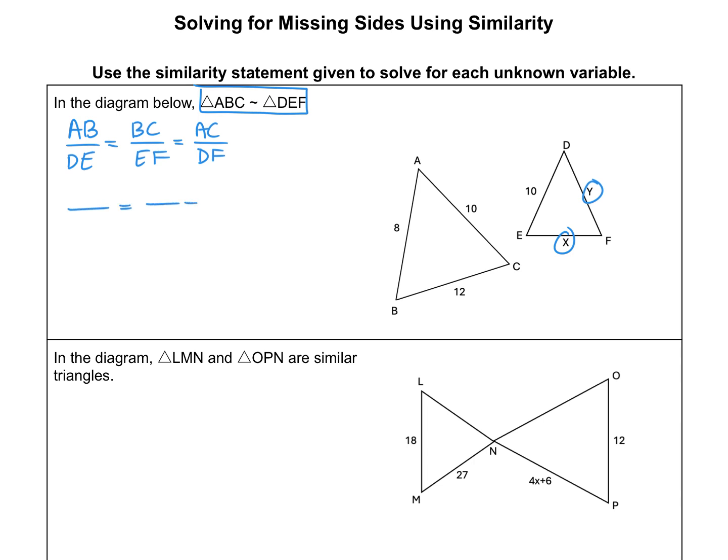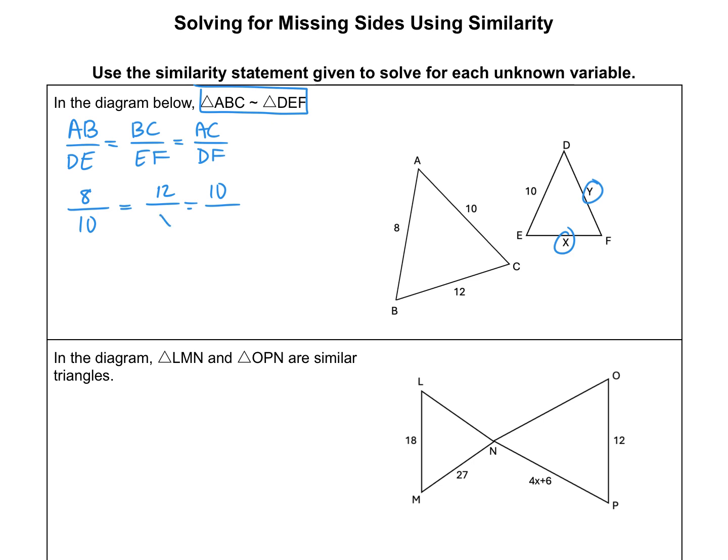Then what I'm going to do is actually fill those in. Now that I know which sides go together, now I'm going to fill in with the sides I actually have. So AB is 8, BC is 12, and AC is 10. DE is 10.